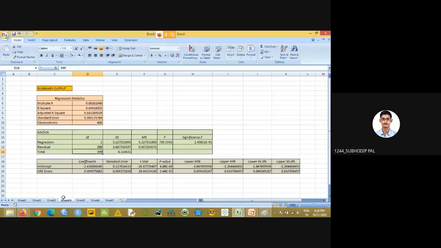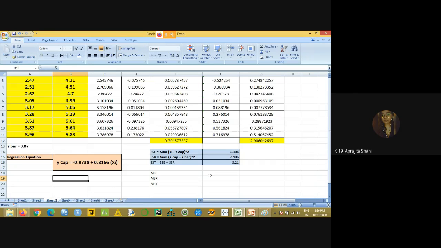Clear, everyone? Can you repeat the part about 400? Sorry, that is another example. I'll come to that. So the MSC formula is SSC divided by n minus k minus 1. SSC you already know.